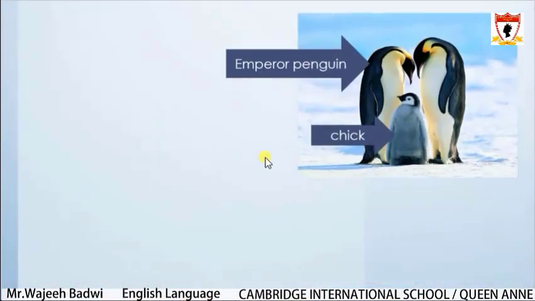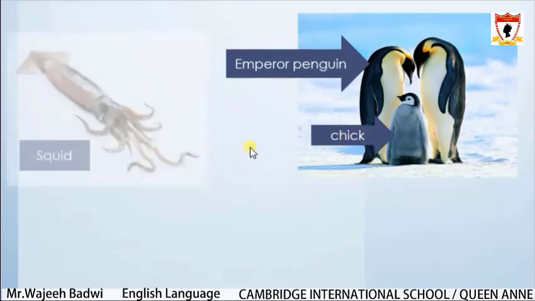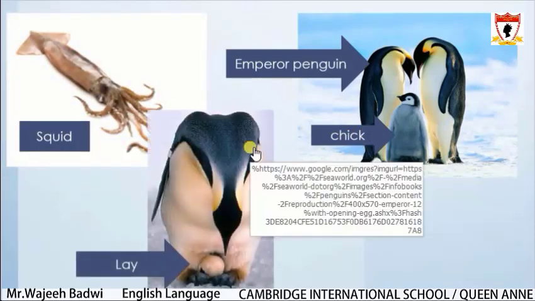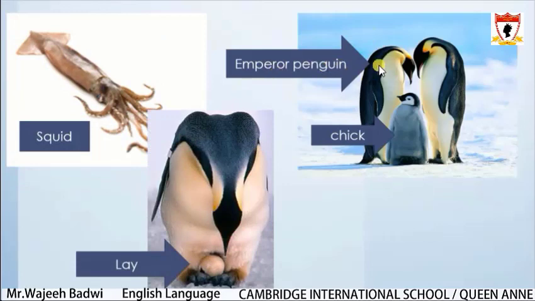Okay, so right now we are going to see also some pictures of words that you may face in the text. So this species of penguin, we call them imperial penguin. Okay, and this is their child. We call them a chick.